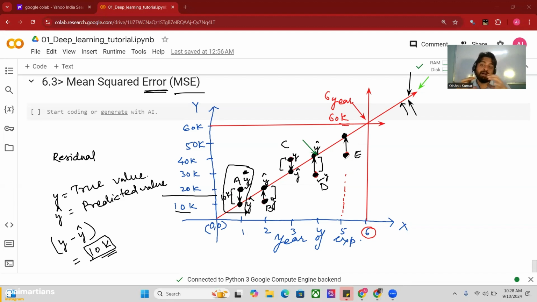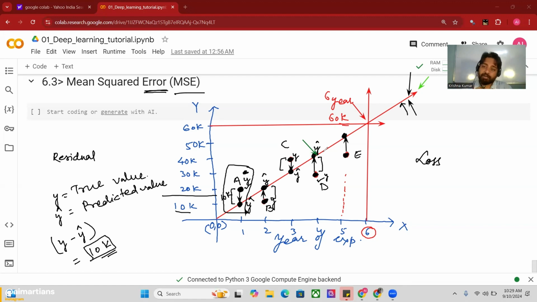But when I calculate the residual of each data point and I need a single value, if I combine them, that will become loss, not residual. Residual generally indicates the gap between the actual value and the predicted value, like what the error is there.